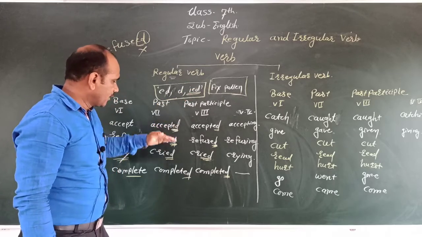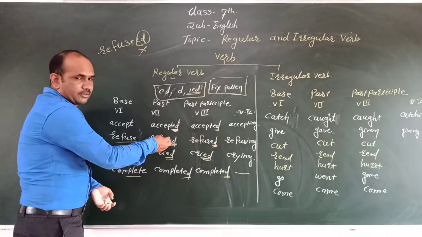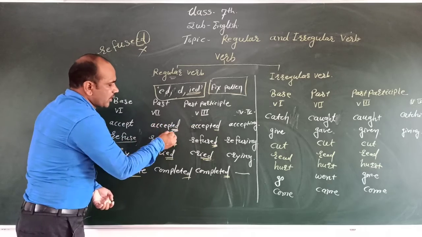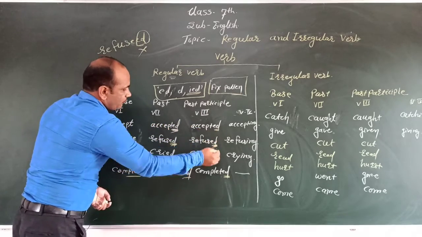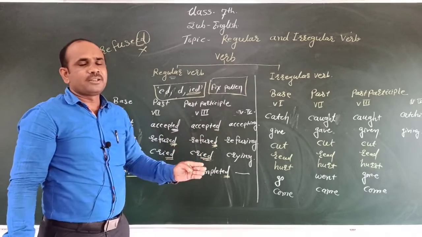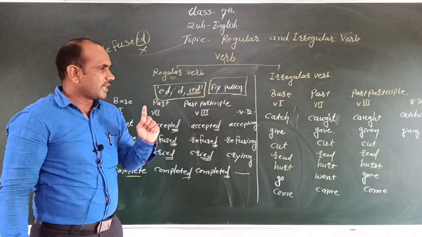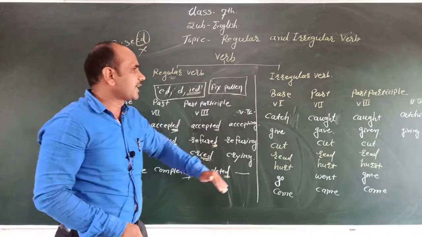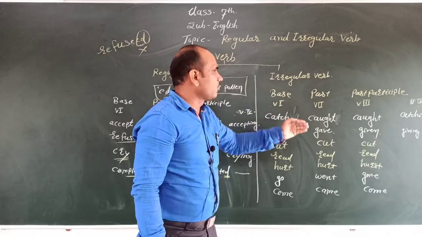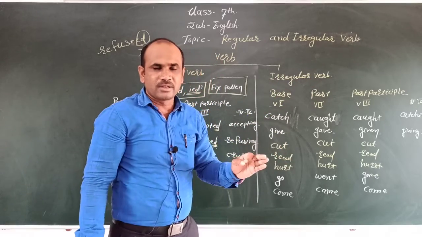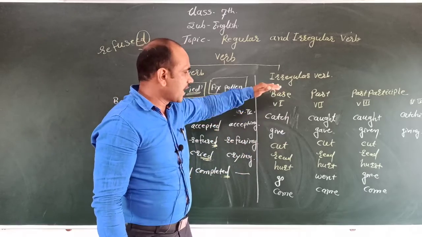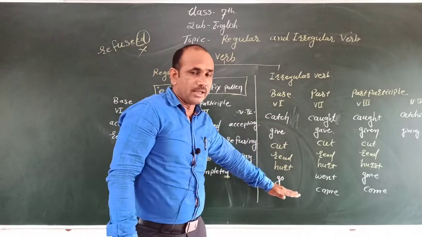When you are observing very carefully, in the second form and the third form of the verb we are adding the ed. Without ed we cannot write. And when we write without ed in the second form and the third form, these verbs are the irregular verbs. Means irregular verb, there is no fixed pattern. At the end of the verb we cannot write ed. Such type of words we call the irregular verb.